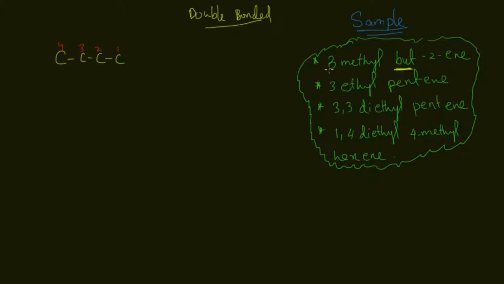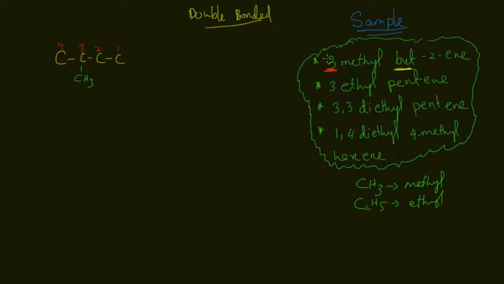From the name itself we can notice that the third carbon has the methyl group. Now you will be saying methyl. We know from my previous video that CH3 is your methyl group. We call CH3 methyl and C2H5 as what? Ethyl, right?